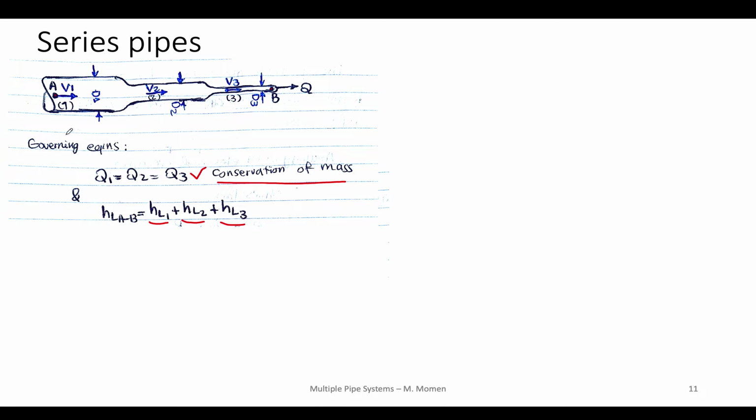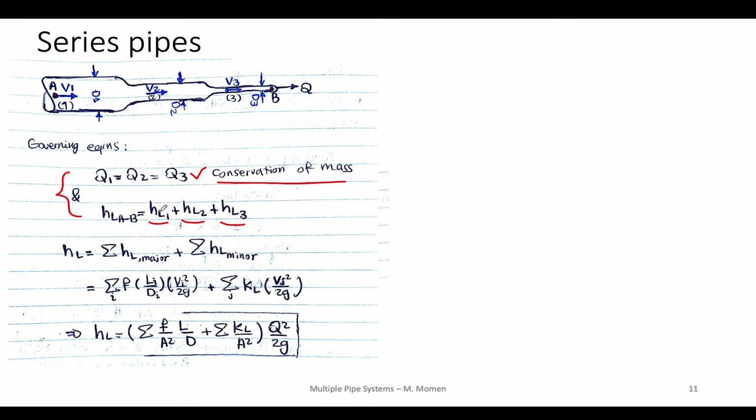So the total head loss between point A and B is the sum of these three head losses. These are the two equations that we can use in a series pipe, and with these equations we can solve the different problems that are given to us in this context.